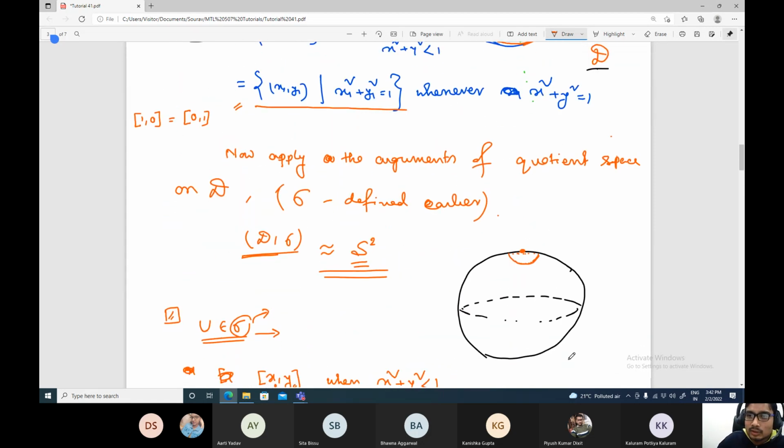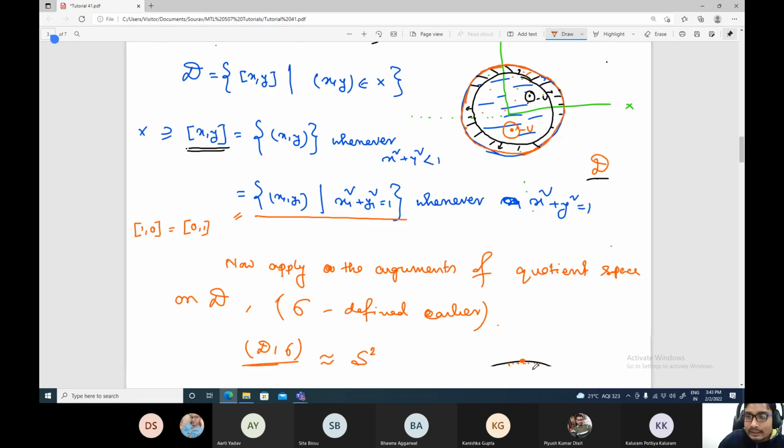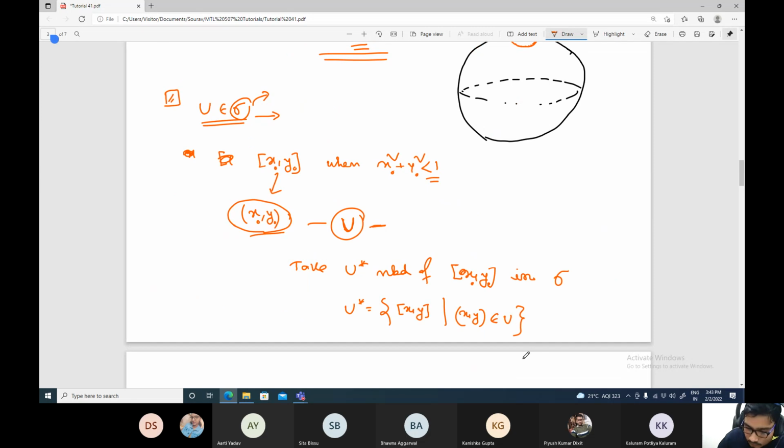Now look at, we have open sets which contain all open sets for the points in the interior. Now look at the points in the boundary of the disk. Now in script D, they are actually the same. So this is (0, 1), right?